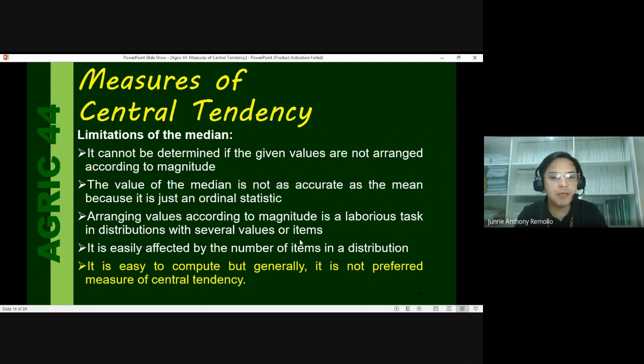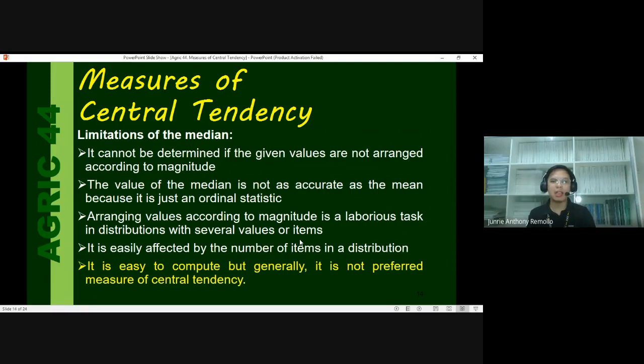And then arranging values according to magnitude is a laborious task in distributions with several values or items, especially if you are dealing with a large set of values. When you pursue plant breeding, then we value diversity, and we could come up with a better result or better data if you evaluate as many data as you can.